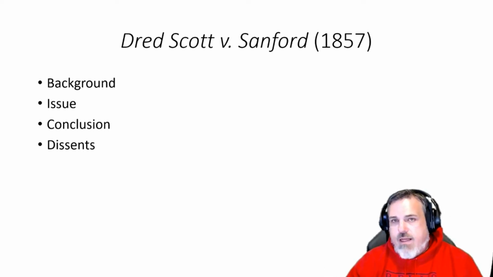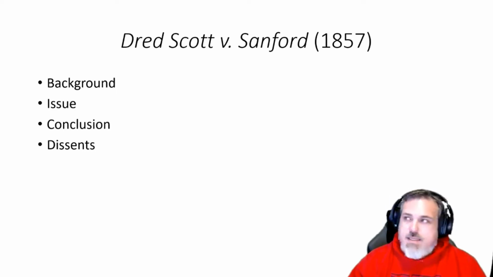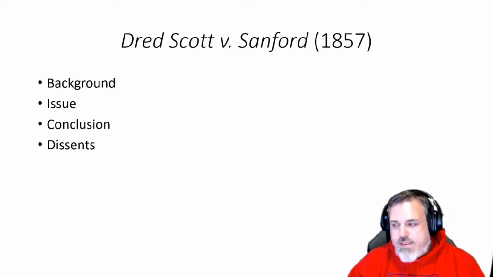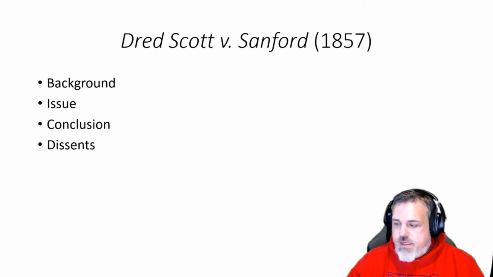Nearly every constitutional scholar would list this in the top three worst cases that the Supreme Court has ever decided. It puts a sort of black eye on the court and really threatens the court's credibility within the constitutional system of government that we have. So its legs are long, so to speak.